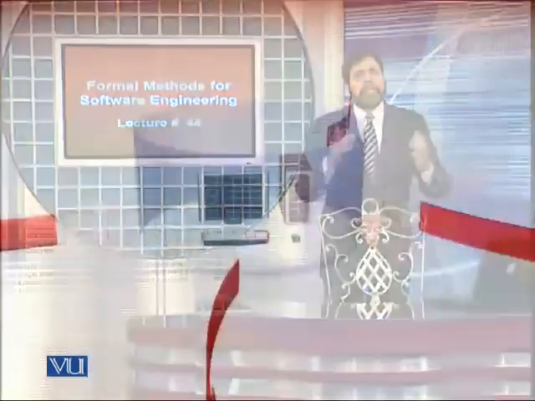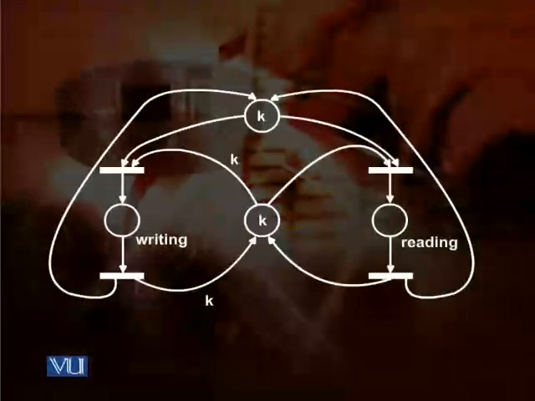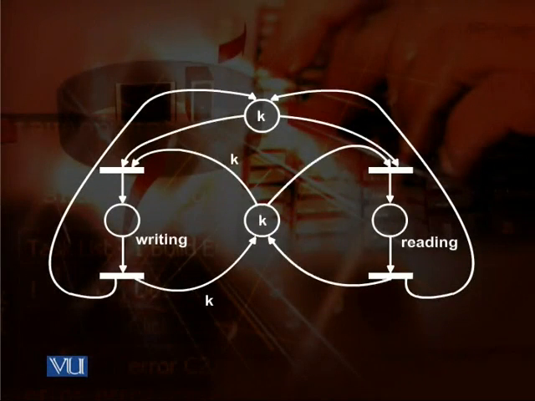How do we do that? Let me show you. So here is the model for synchronization control, the model of the reader-writer problem. In this particular case, we will enable k simultaneous readers and only one writer.